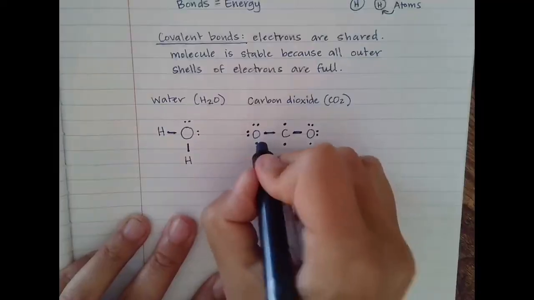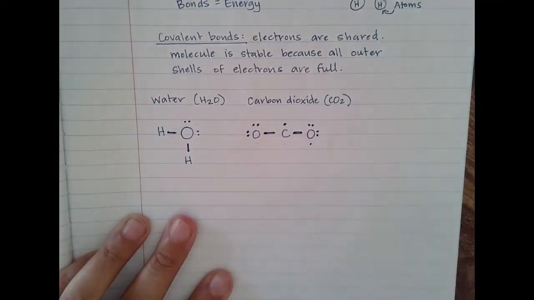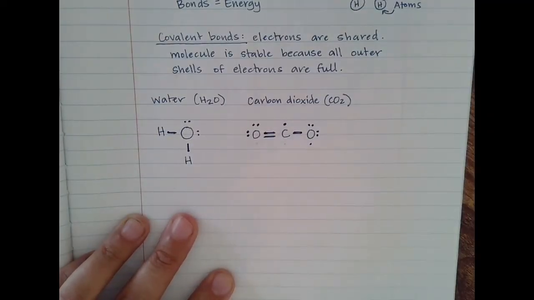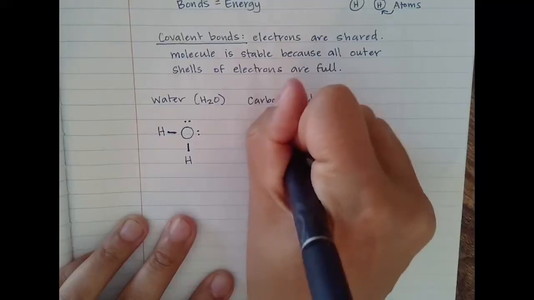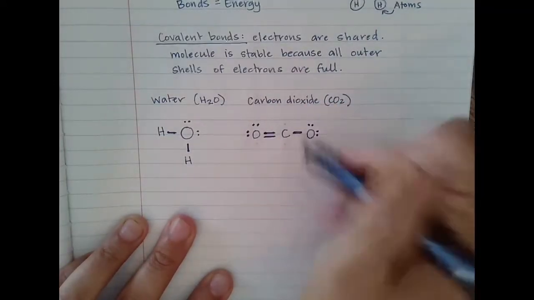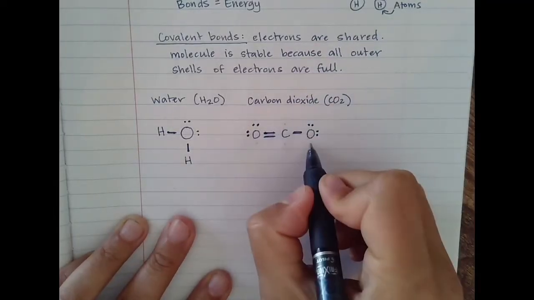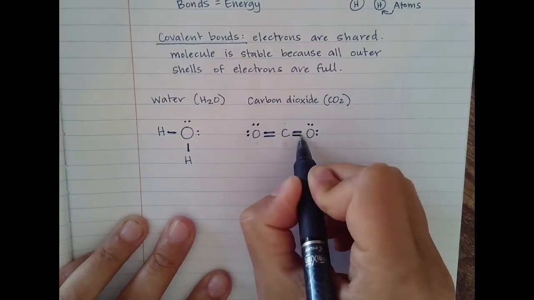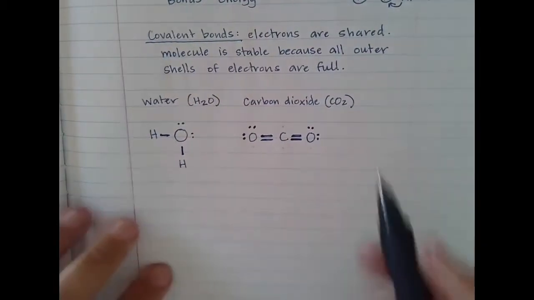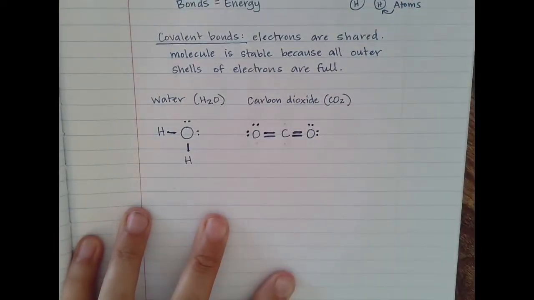So I'm going to take 1 electron from oxygen and 1 electron from carbon, and share those in a bond. This is what we call a double bond, because there are 2 bonds. Then I'm going to take the other electron from carbon and 1 from oxygen. I had 1 here and 1 here, so that's going to create a bond between these 2 atoms, creating another double bond. So this is what the structure looks like when we have a molecule of carbon dioxide.